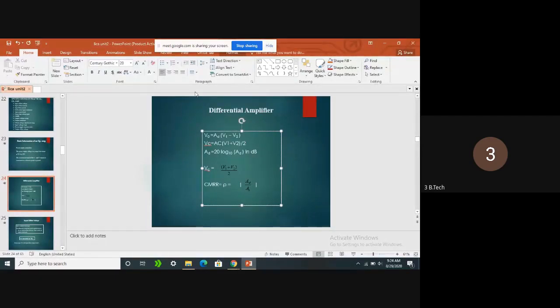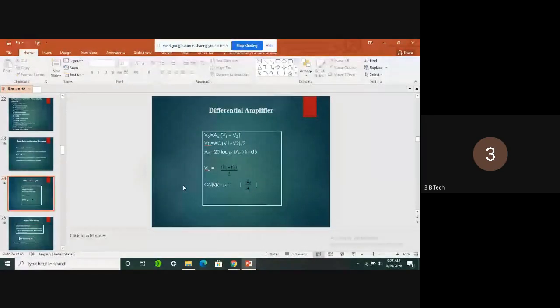AC is nothing but the common mode voltage gain. This is the formula for the output voltage when we are using common mode. So here AC is the common mode gain and AD is the differential mode gain. If you take the ratio AD by AC, that is nothing but the common mode rejection ratio.